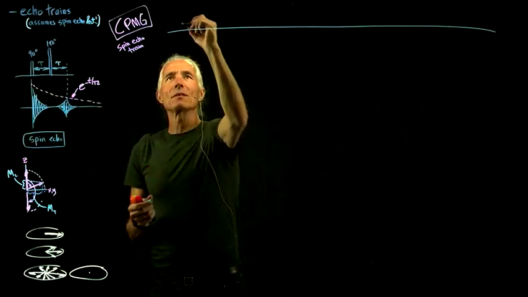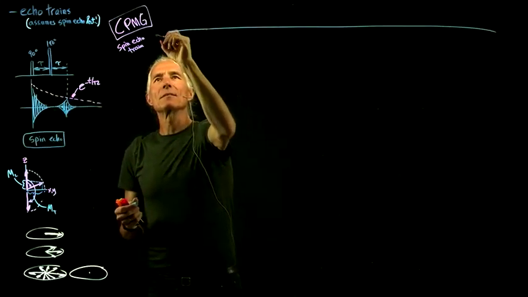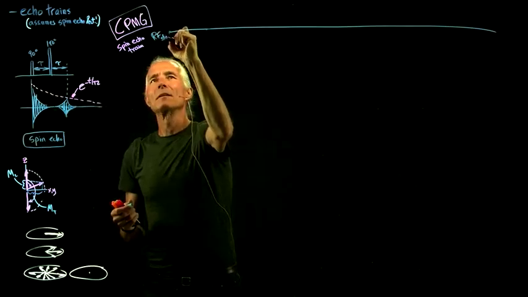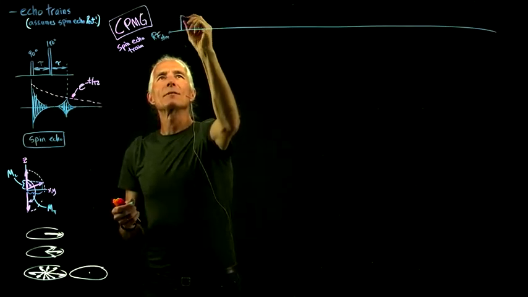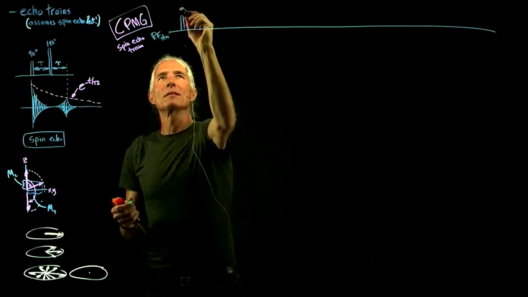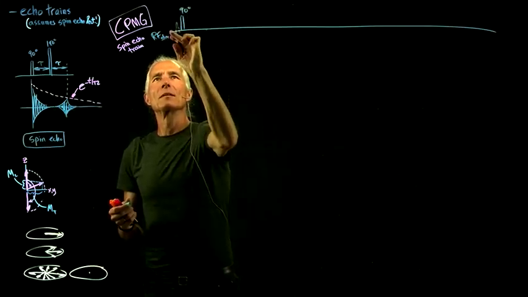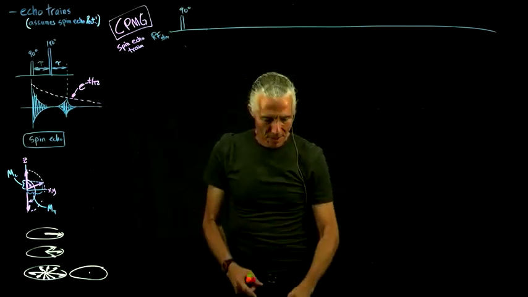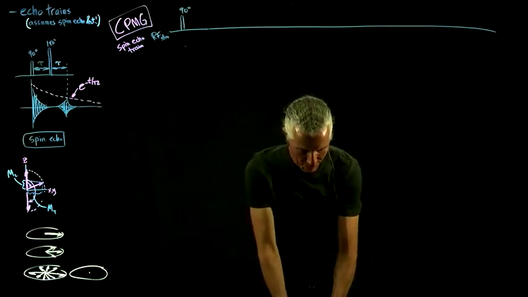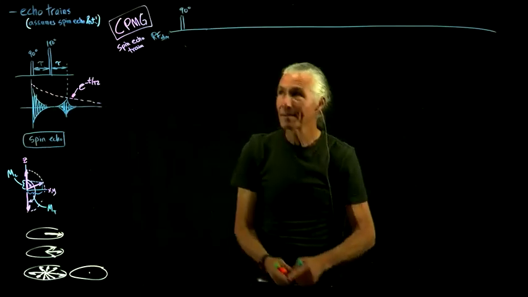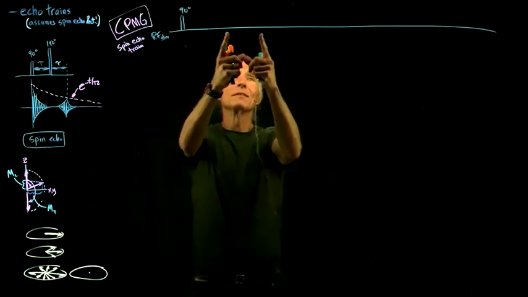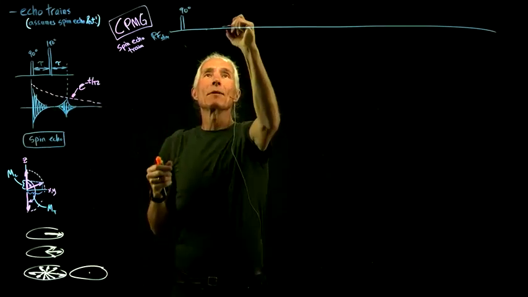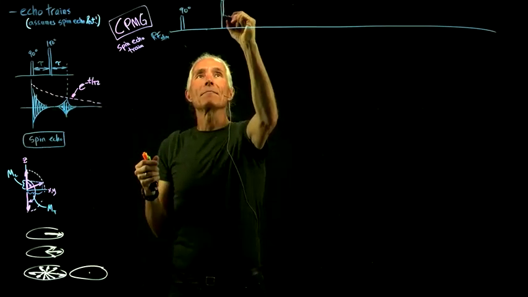So this is RF stim. The first pulse is a 90-degree pulse. How much time do we need? About 6 of those, okay, that'll be good. At this point, do a 180.